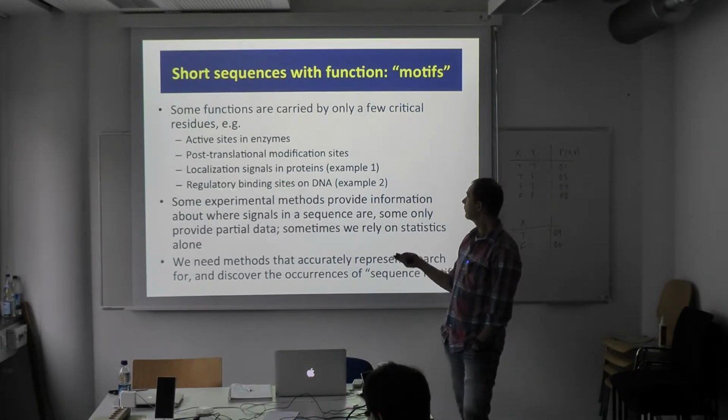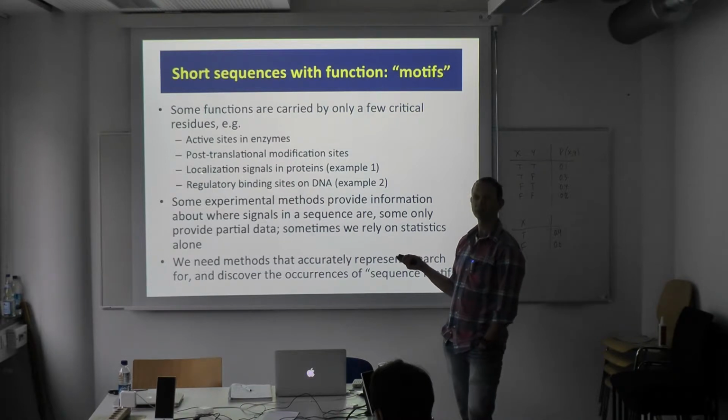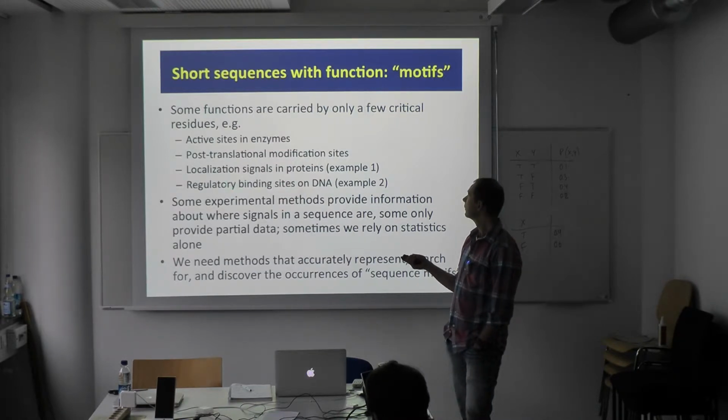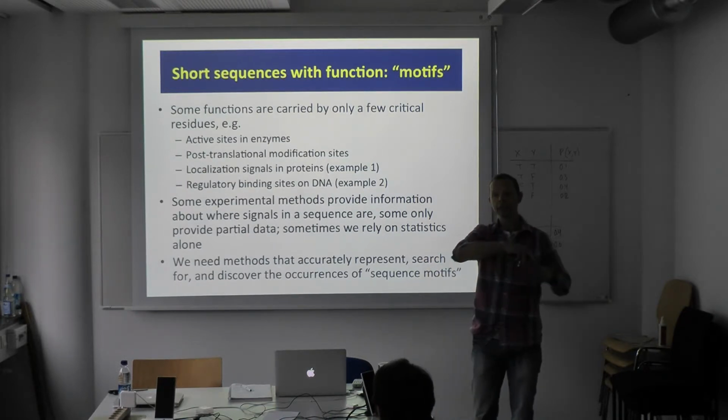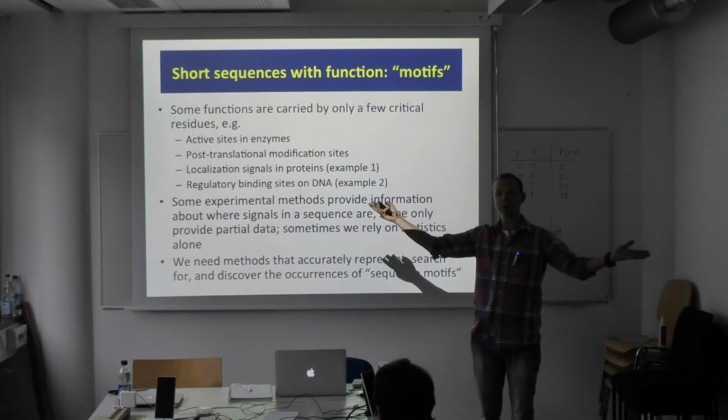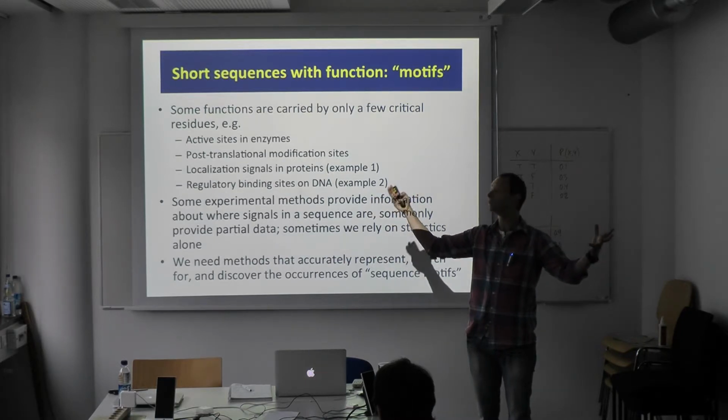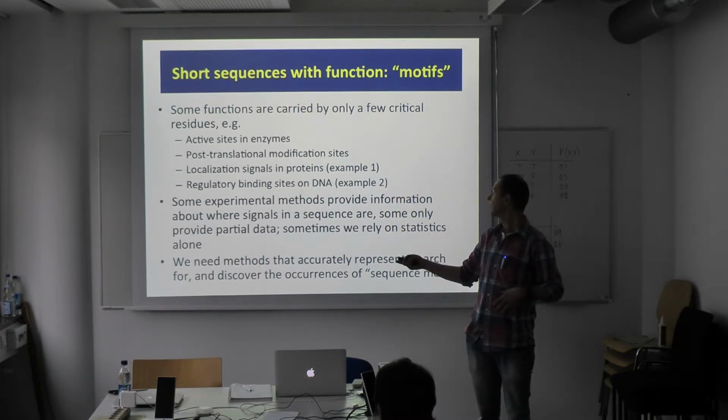Or, as my first example tried to do, to illustrate how regulatory binding sites can be expressed as motifs occurring somewhere in the vicinity of genes. So it's the whole range, a spectrum of different types of problems that we can deal with, or should deal with, when it comes to motifs.